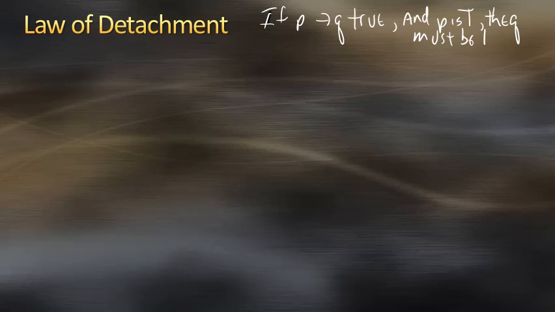Now that probably sounds like a little bit of gobbledygook, so why don't we look at a couple of examples. This is the law of detachment. If P then Q is true and P is true, then Q must be true.